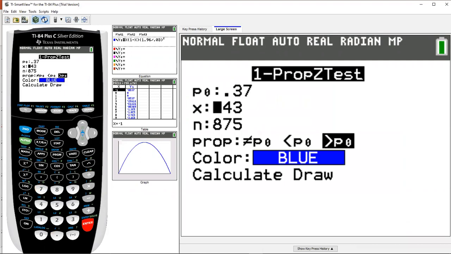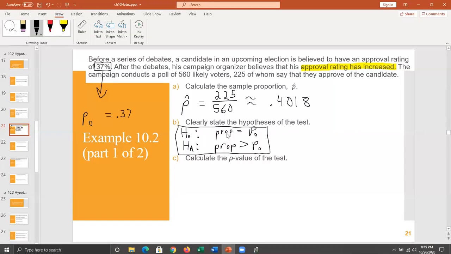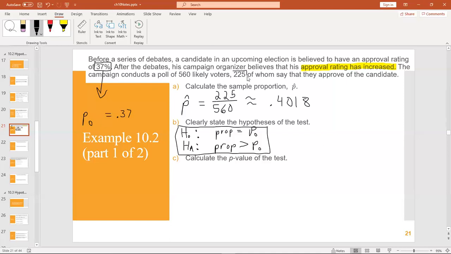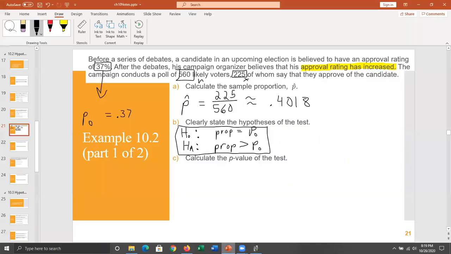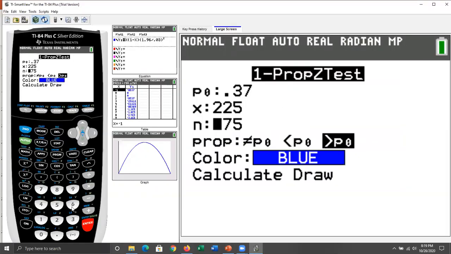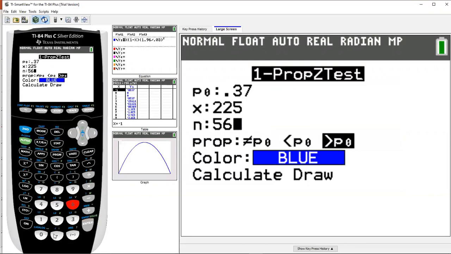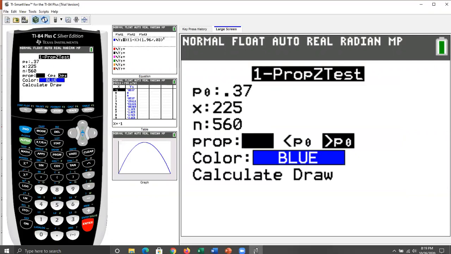Let's see, X, that is 225. N is 560. The 225 is X. Okay, so the proportion, are we not equal, less than, or are we greater than?